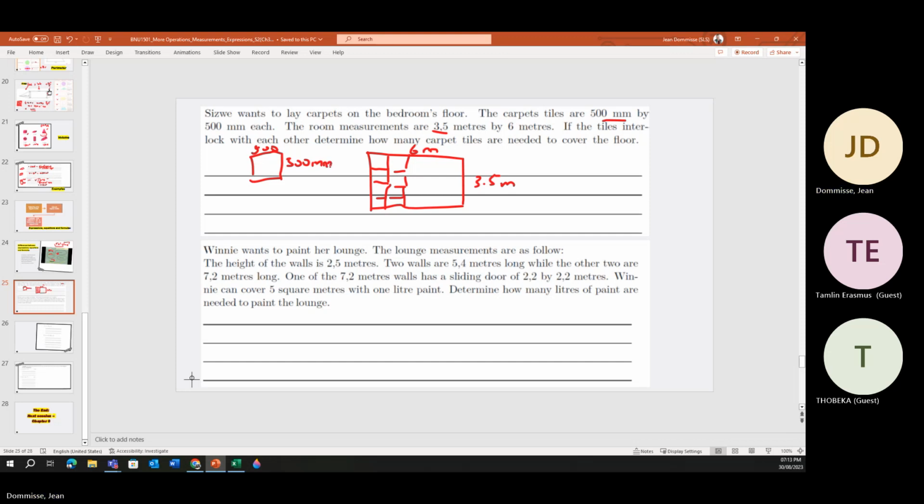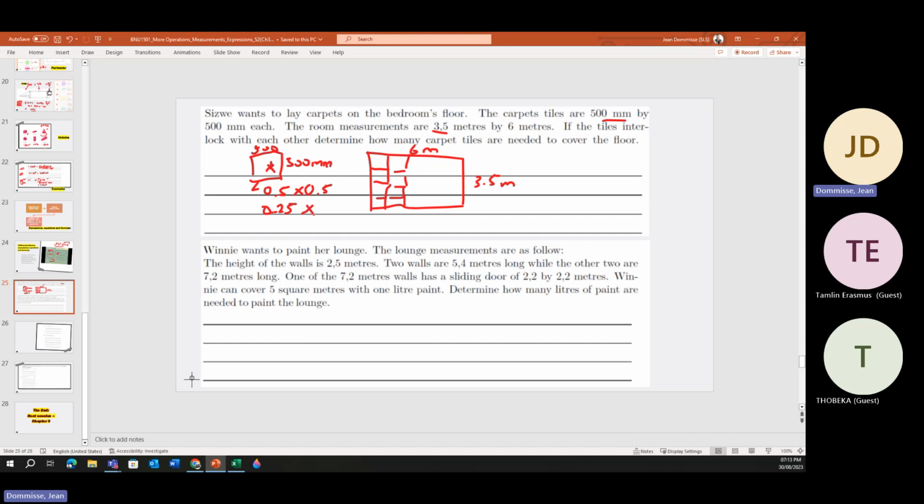So to get the area of one of these tiles, we would say 0.5 meters times 0.5 meters, which is 0.25 meters to the power of 2, but that's fine for now. So one of the tiles is 0.25.